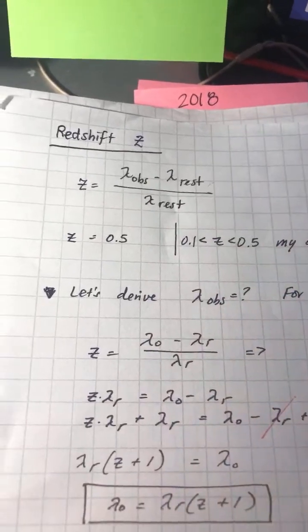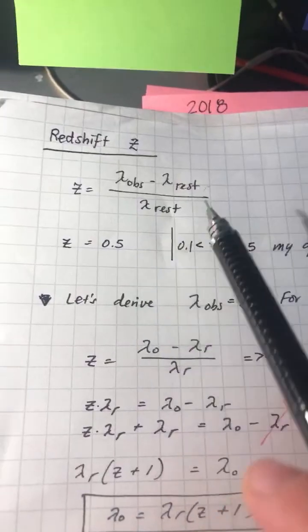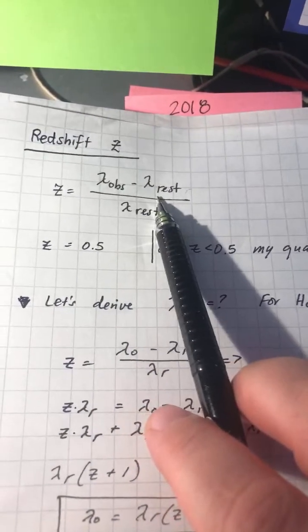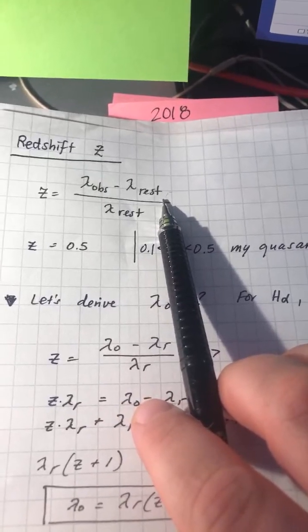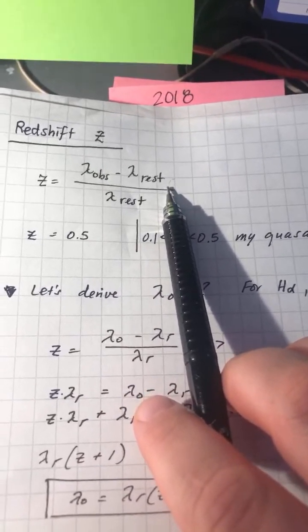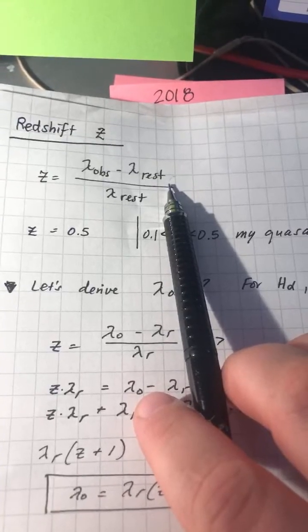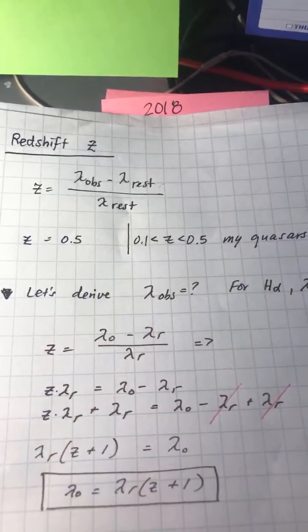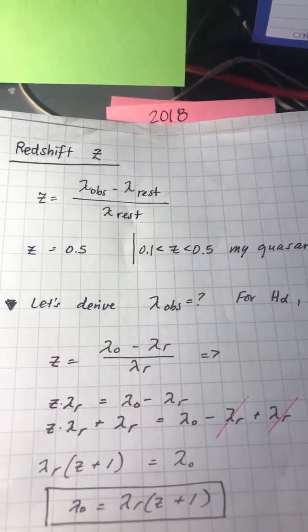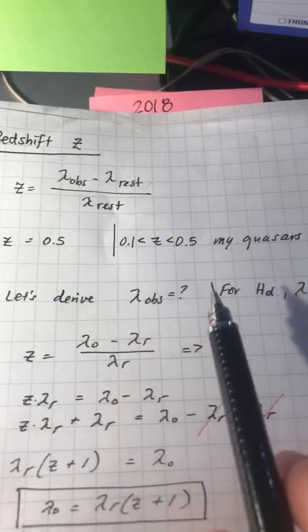And as the redshift gets higher, this difference between observed and rest frame wavelengths gets larger the more distant an object is from us, because the universe we think is expanding, and galaxies are going further and further away.